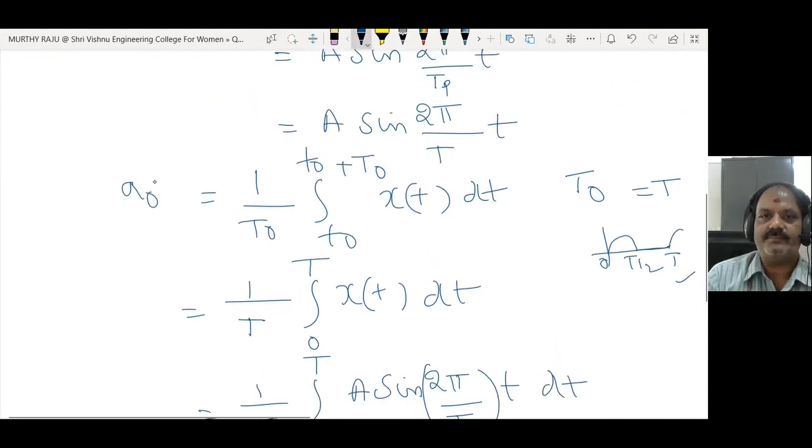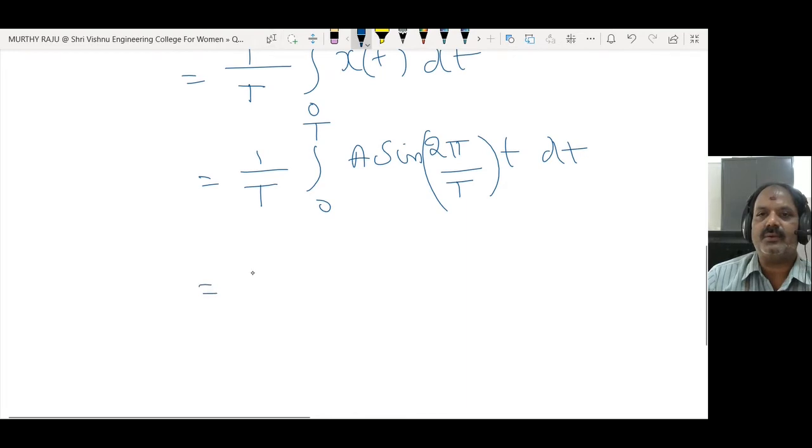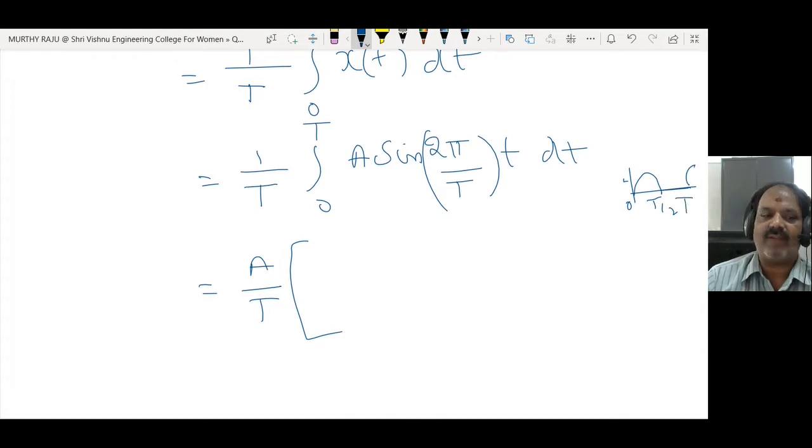Here the waveform from 0 to T by 2 has some value, and from T by 2 to T that value is 0.